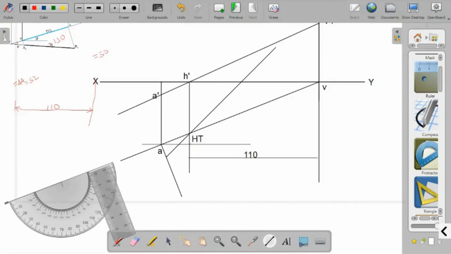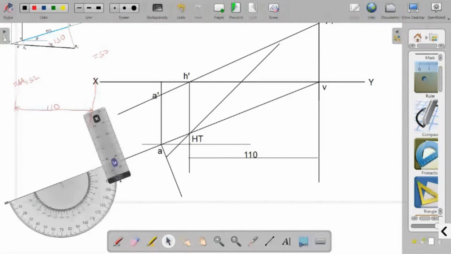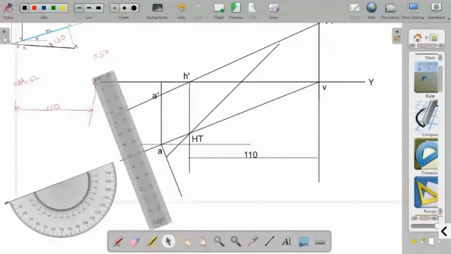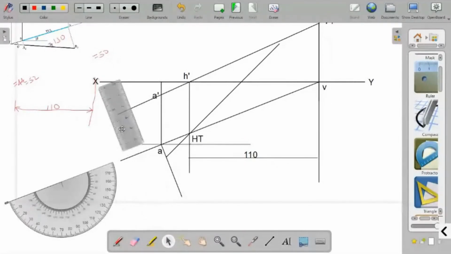It should be extended in such a way that the total length should be 130. So I extended it some length. I'm not sure how much it is. Then from this point I need to mark 130.